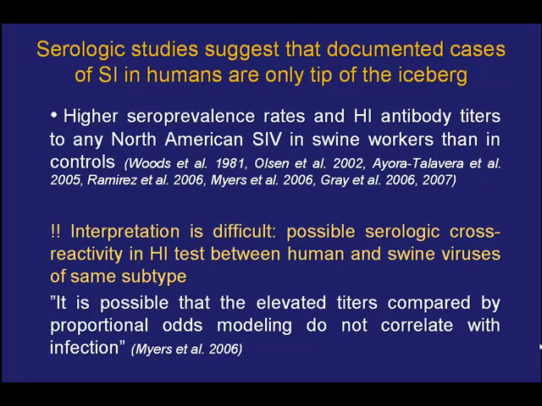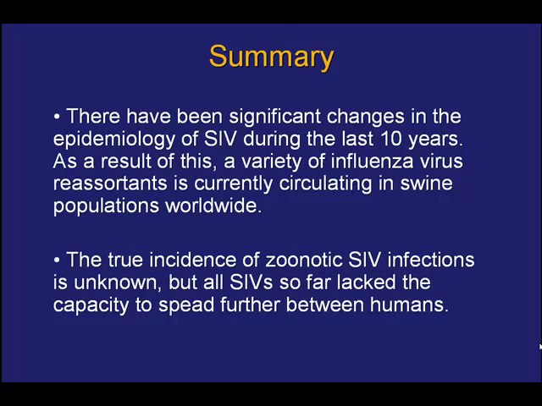So the authors are aware of that problem, and they try to solve it by using complex statistical methods, but in the end we don't know the exact incidence of the infection in humans, and personally I'm also rather critical to the interpretation of most of these serological studies.